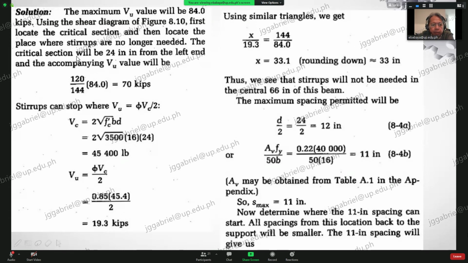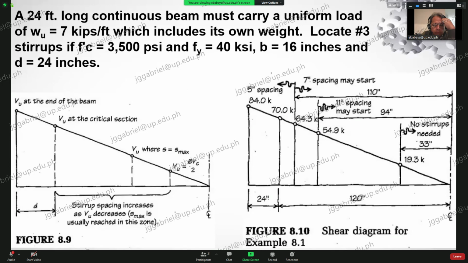Now, this is the solution. First, we have to get the Vu at the critical section.